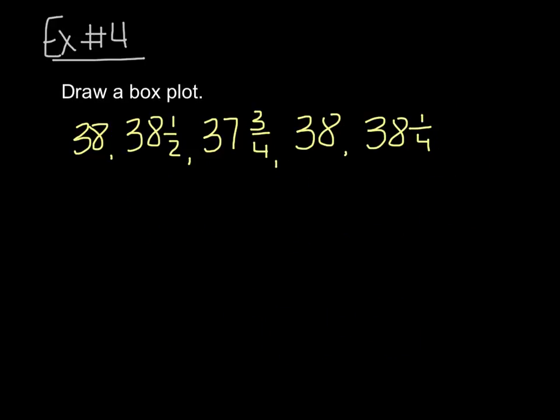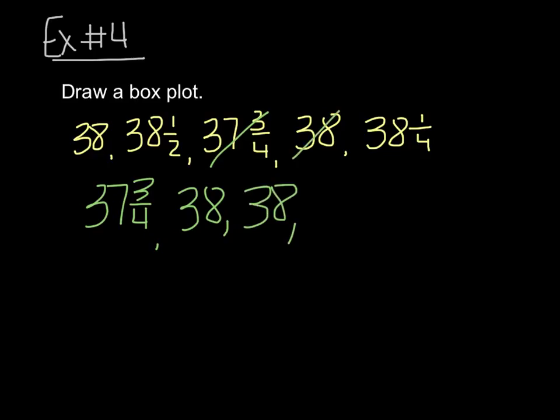And example 4, draw a box plot. So remember, let's go ahead and put them in order again, least to greatest. 37 3/4, 38, 38, 38 1/4, and 38 1/2.